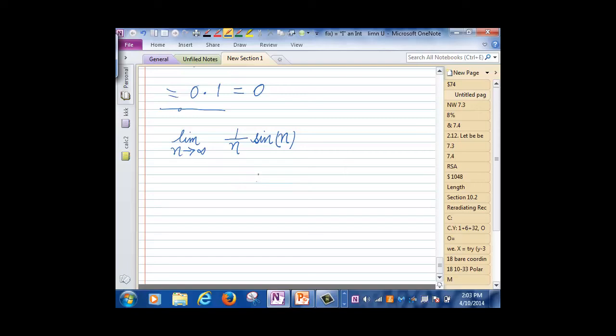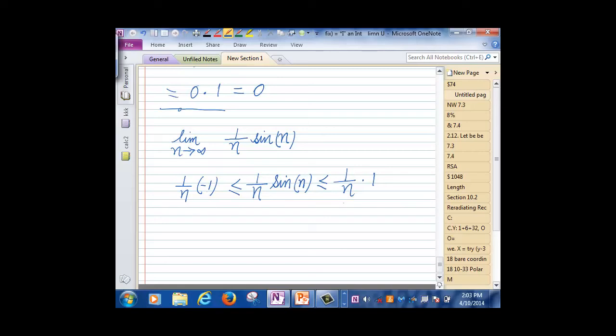I could say that 1 over n times sine of n, I am going to find the upper bound and the lower bound for this sequence. I could say this is smaller than 1 over n times 1, because sine n is always less than 1. And I could also say this is bigger than 1 over n times negative 1, because sine of n is always bigger than negative 1.